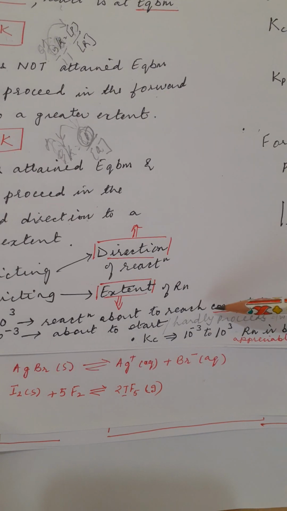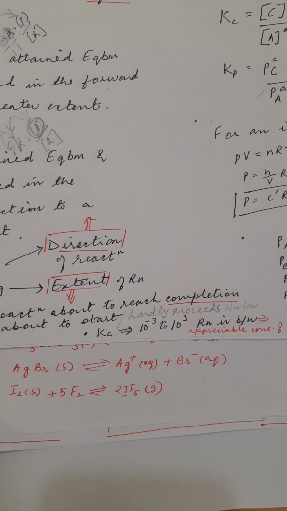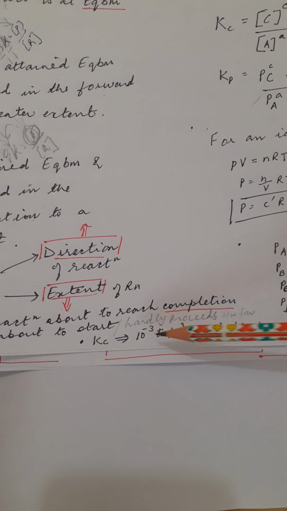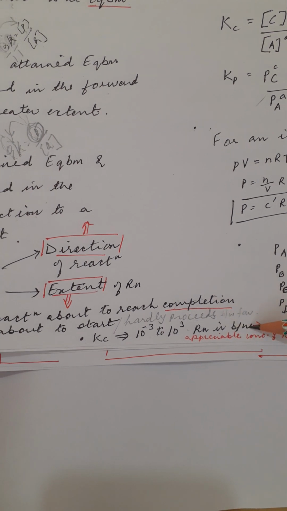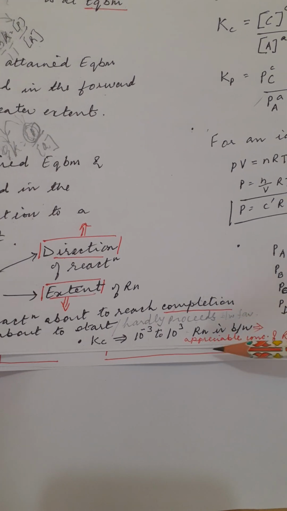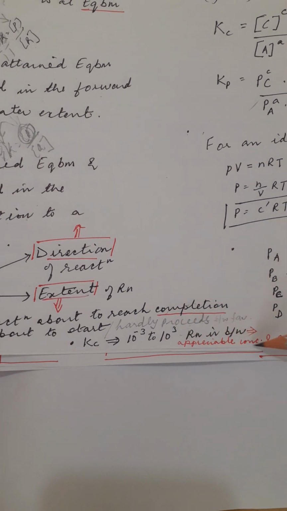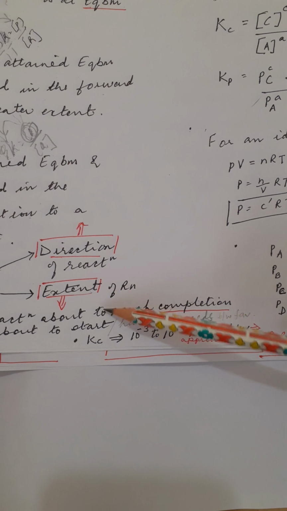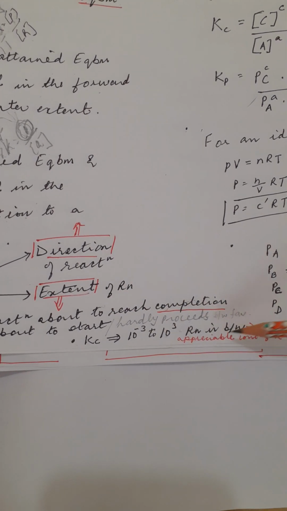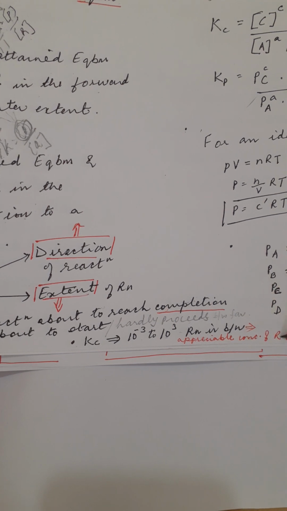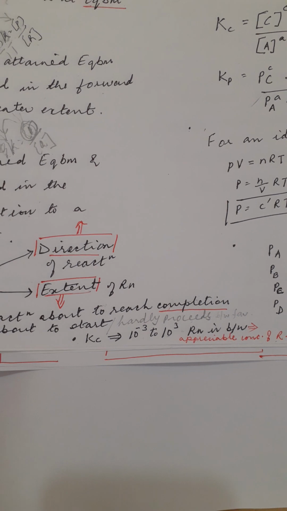And if the Kc value is in between 10 power minus 3 and 10 power 3, then the reaction is in between, that is, equilibrium has been attained, and you have appreciable concentrations of the reactant as well as product when equilibrium is present.